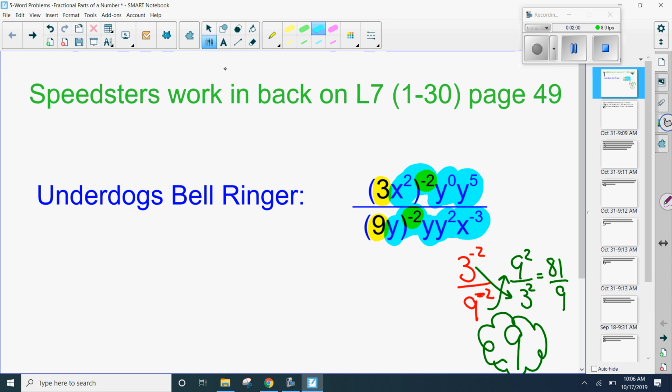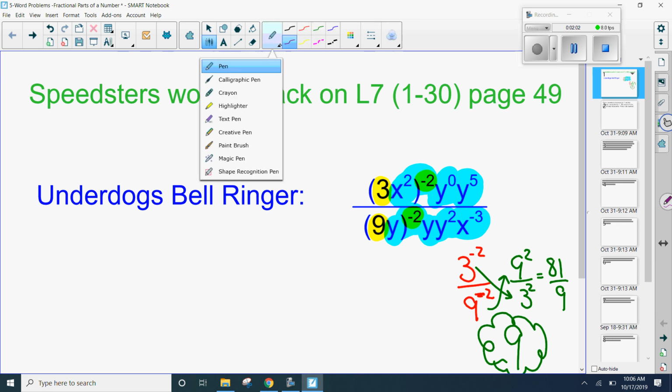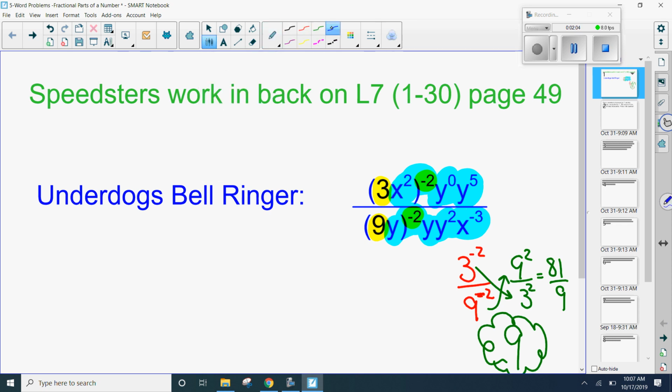So the first place that we want to focus is working on this right here. When you take a power and you raise it to a power, you see those parentheses, which designates what operation? Multiplication. So the variable part, you're going to have x to, what's this become? A negative 4 power.